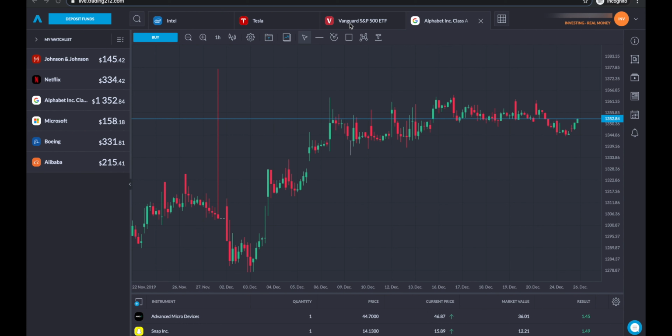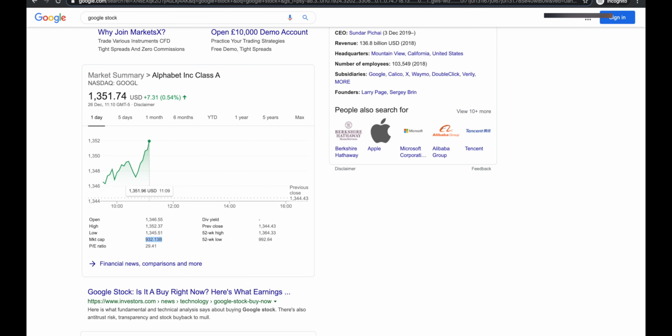Now, contrasting to a small cap company, we have what's referred to as a large cap company. So on the screen, I have an example of a large cap company, which is Alphabet, Google. And so generally speaking, a market capitalization for a large cap company is $10 billion and above. If we actually want to know what the actual market capitalization is, we can run a quick search on Google. And here we can see we have the market capitalization worth over 932 billion.